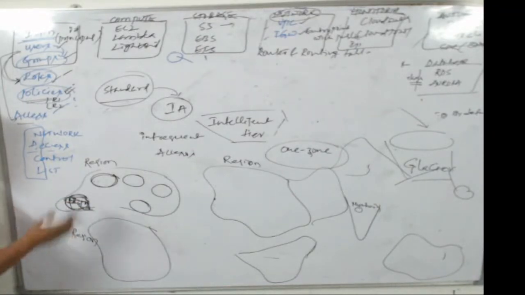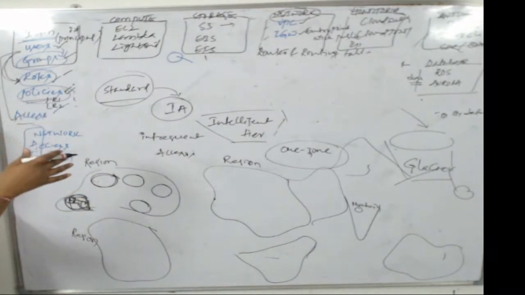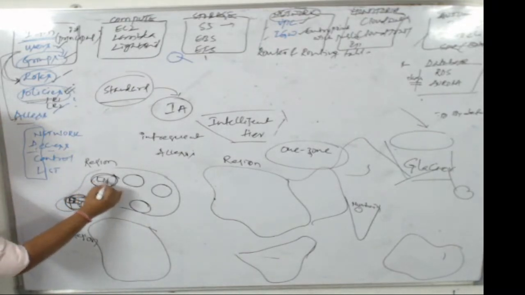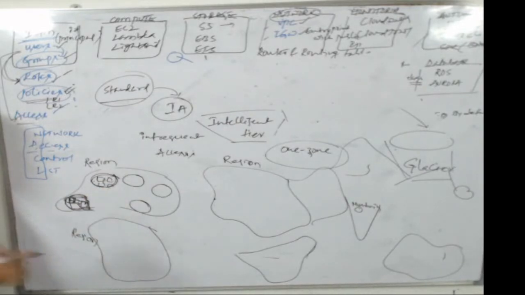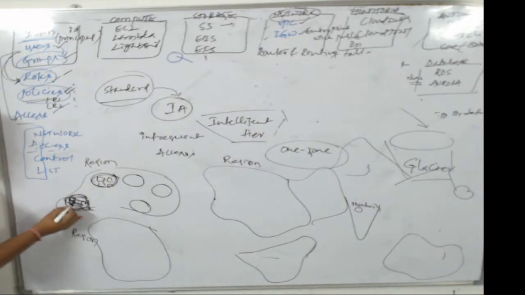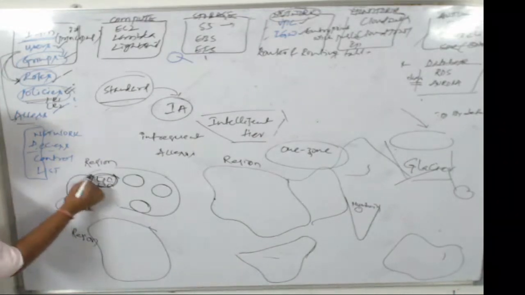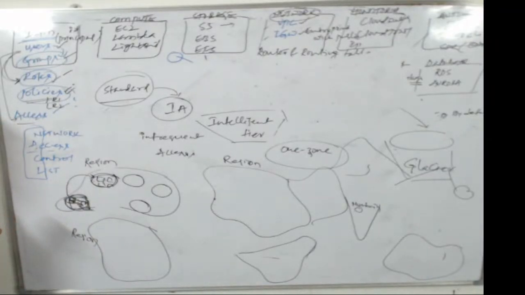Another availability zone could be in Mumbai. Around Mumbai, they'll put up some 3 or 4 data centers. Again, all of them are connected. Now your data is replicated within an availability zone, and across availability zones also.